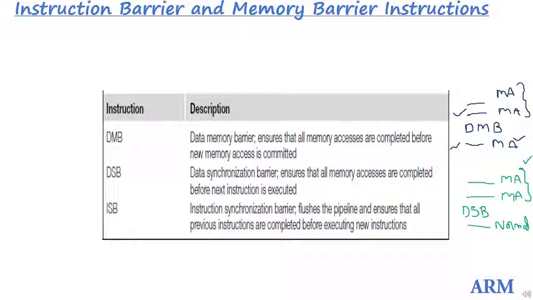Wherever you place this ISB instruction, it ensures that all the instructions previous to this line are completed before going for the execution of the next instruction. Okay, so it actually flushes the pipeline. Whatever instructions are buffered in the pipeline, it ensures that all of them are completely executed before it goes for execution of the next instruction.